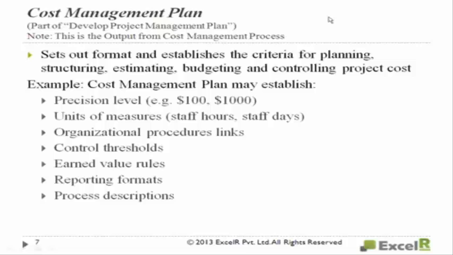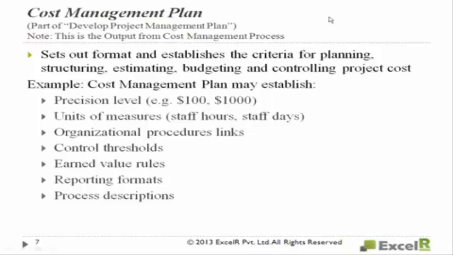As I told, control accounts is at a bit higher level, where you are accountable. If your project sponsor or your finance department asks what the expenditure is, you will report at that level, not at the minute level. So these organizational procedure links related to cost, that is where you link.